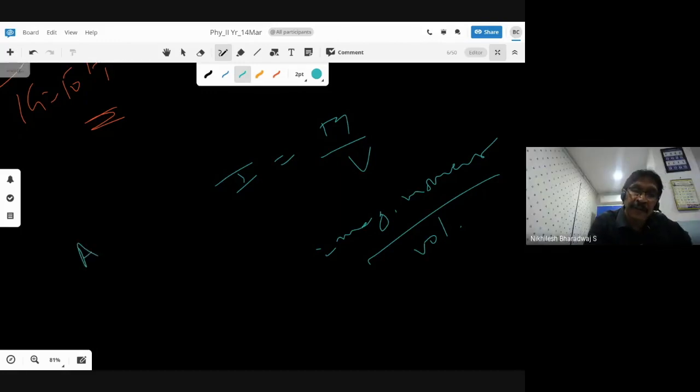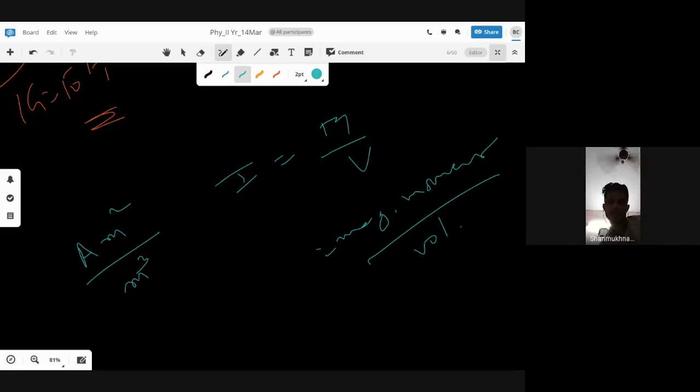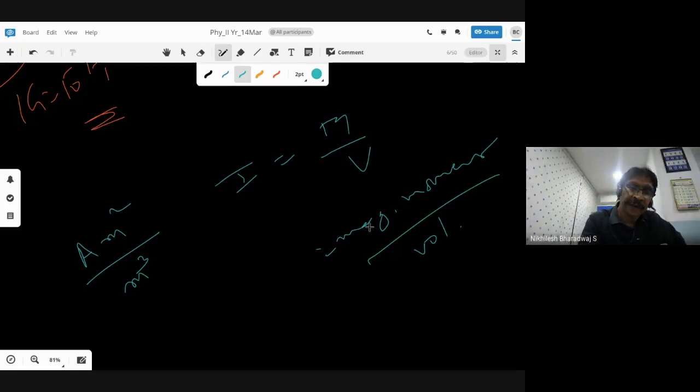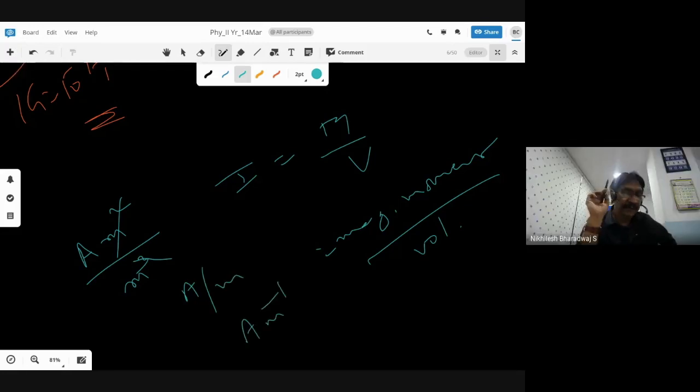So I is equal to M by V, meaning M is ampere meter square and volume is meter cube. Can you see the board? Yes, sir. So ampere meter square by meter cube, you'll have ampere per meter, or ampere meter inverse. Very good. That's all. Next.